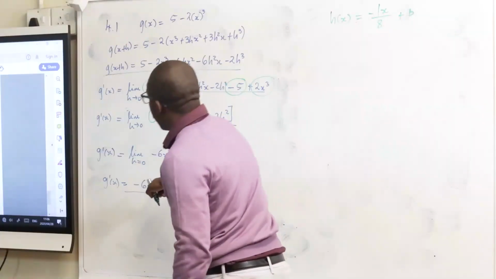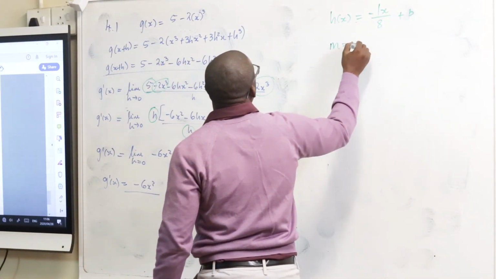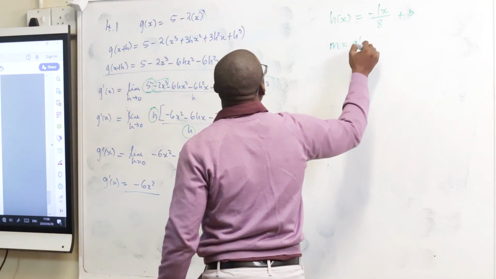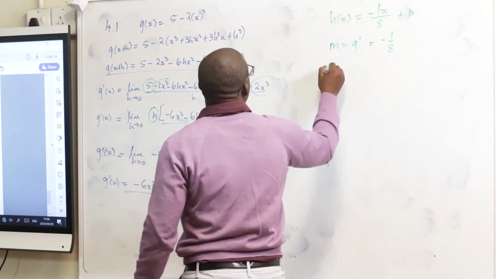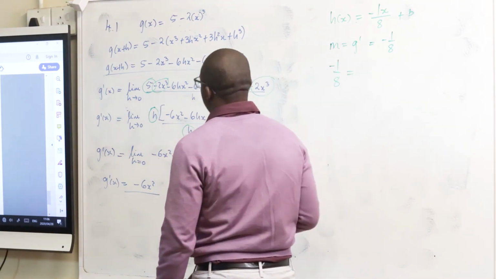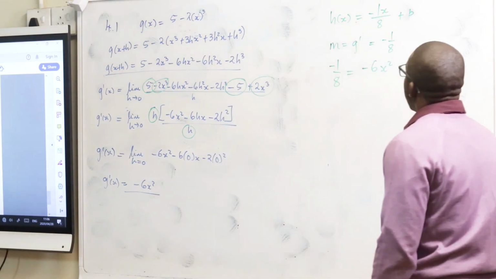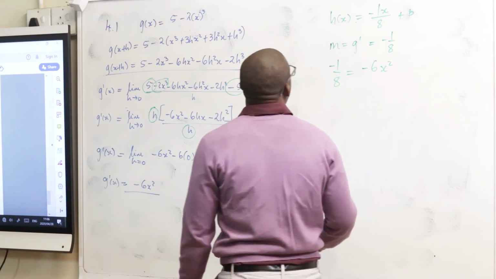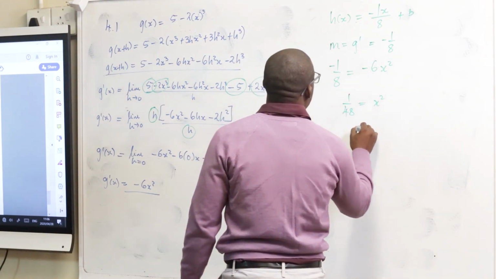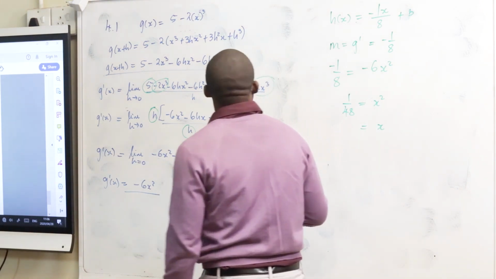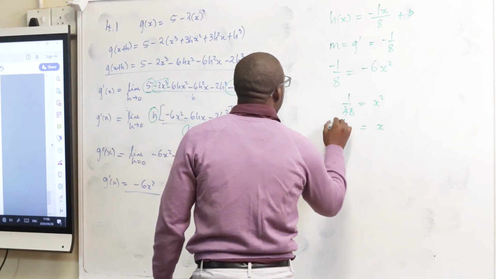So g prime of x is this, and the gradient is said to be m, which is equals to g prime, equal to negative 1 over 8. So negative 1 over 8 is equal to negative 6x squared. From there, we're going to get 1 over 48 is equals to x squared. X is equals to plus minus root of 1 over 48.